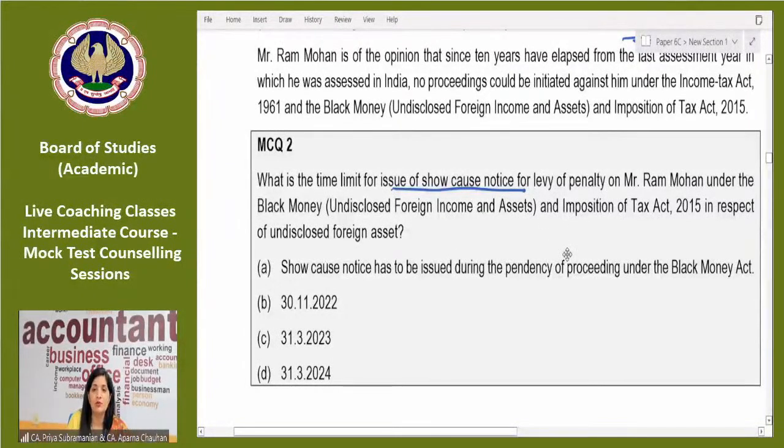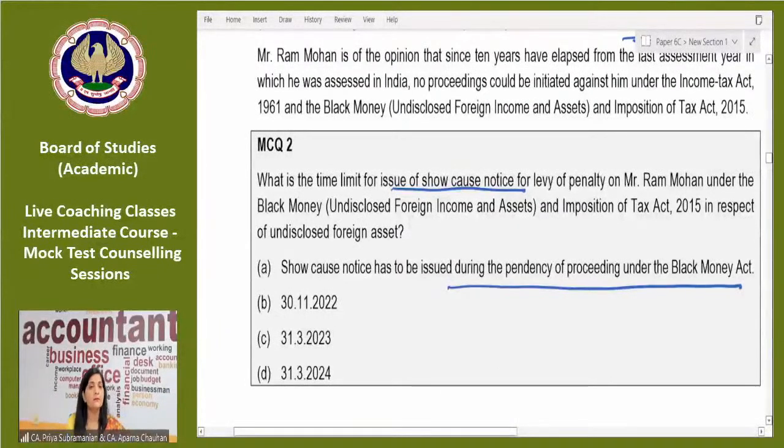For issuing the show cause notice in case of levy of penalty, 2 time limits are given. Where the penalty is leviable under section 41 for undisclosed foreign assets, for not disclosing your foreign income or assets, the show cause notice can be issued during the pendency of proceedings under the Black Money Law.